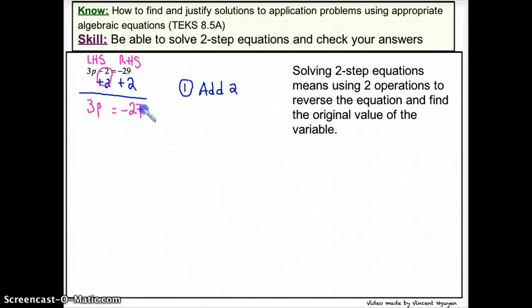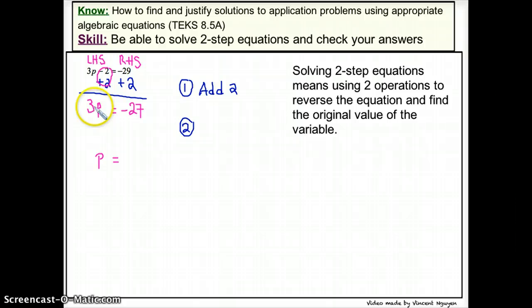Now, we're not quite done yet because our goal, remember, is to get p by itself, so that we can tell what the original value of p is. The way to get p by itself is step number 2. You need to undo the operation that's being done to p.